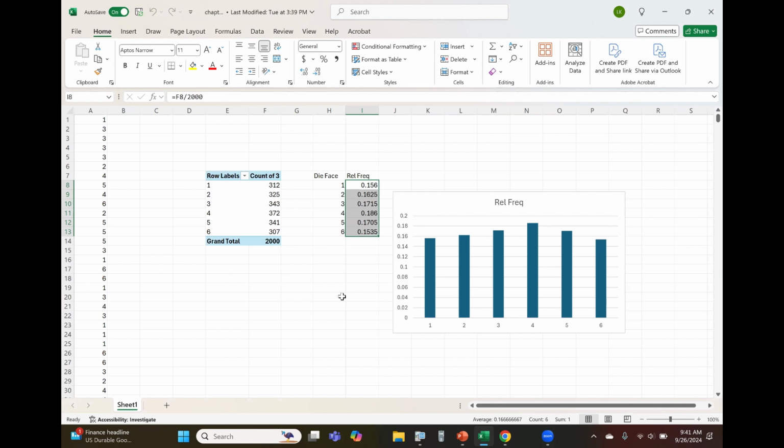And so as we did early in the semester, I created a random number generator in Excel that generated numbers between 1 and 6. So to simulate the experiment of actually rolling a fair 6-sided die. And I did it 2,000 times.